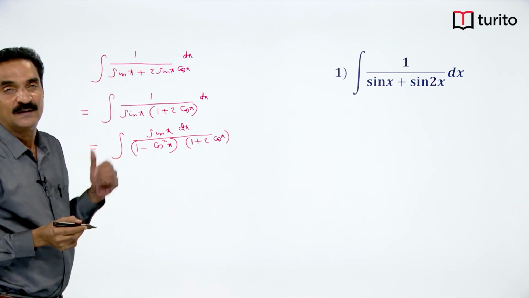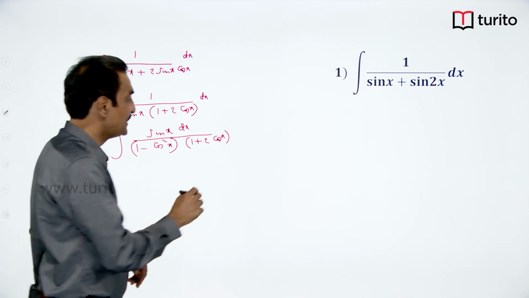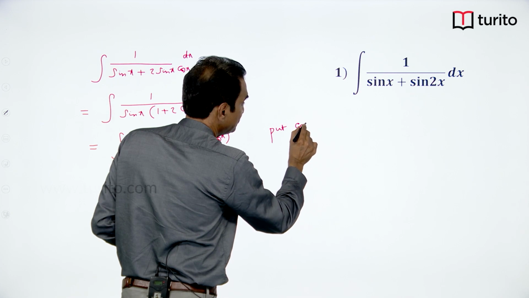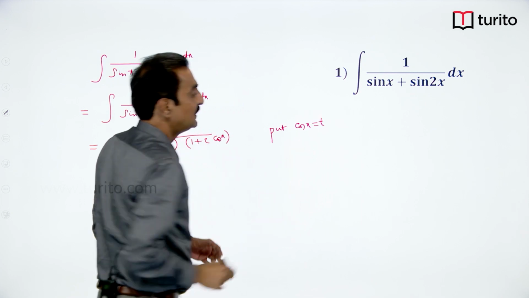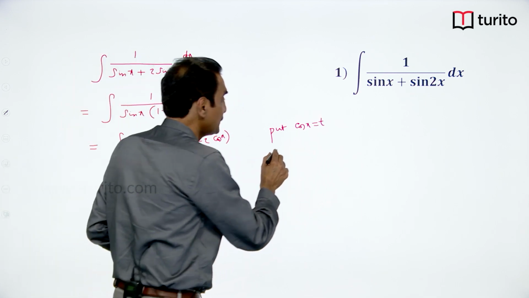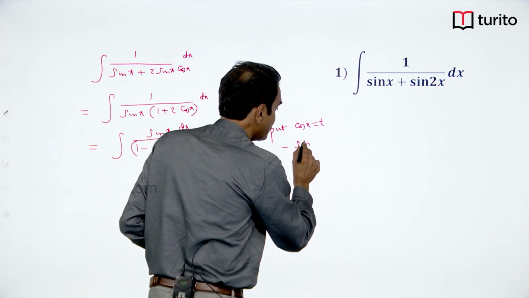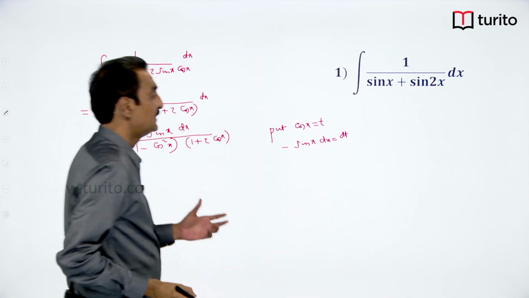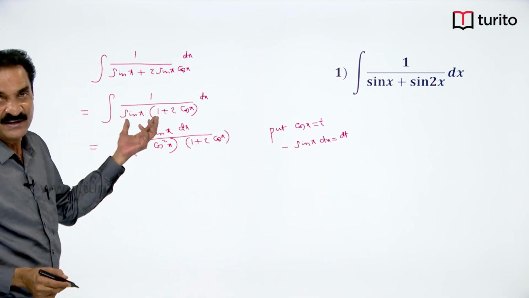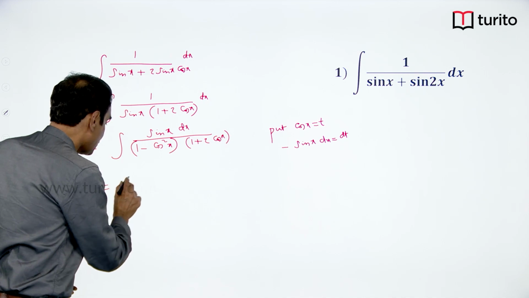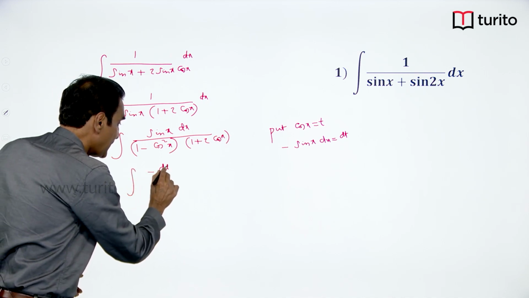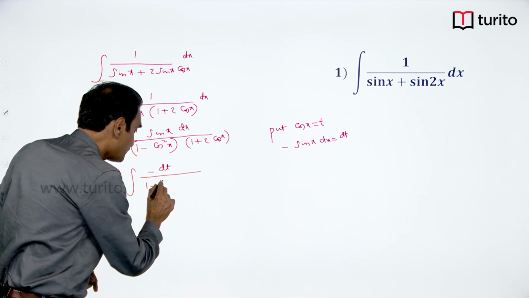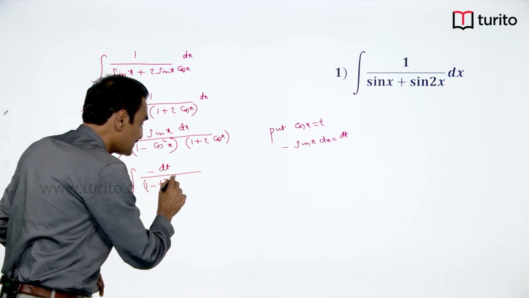Now put cos x is equal to t. Then minus sin x dx is equal to dt. Then numerator will be minus dt, minus dt by 1 minus t square into 1 plus 2t.